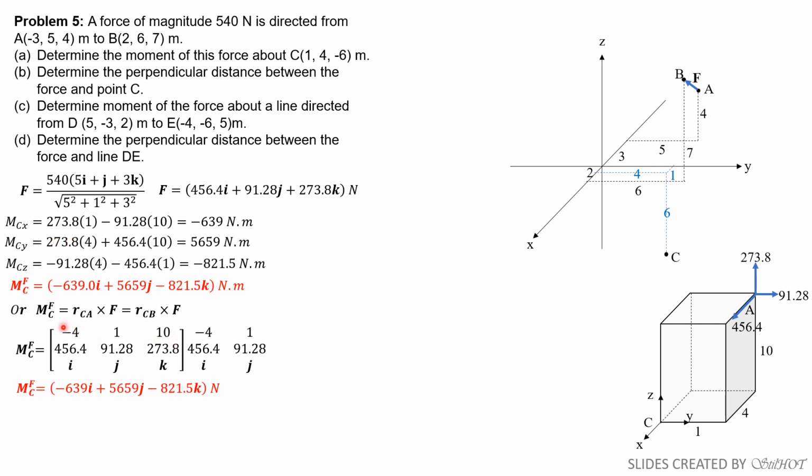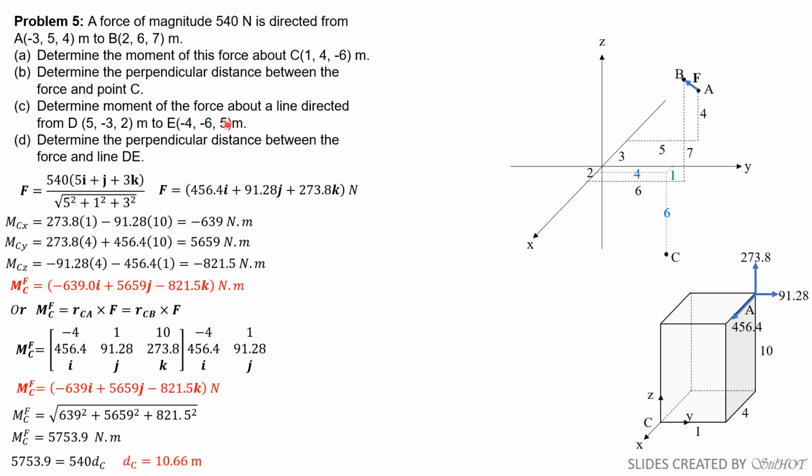Then for K, negative 4 times 91.28, minus 456.4 times 1, the same result. The magnitude of the moment of F about C is the square root of the sum of squares of its components, so M sub CF is 5753.9. Then equate this to the magnitude of force 540 times the perpendicular distance D sub C. So D sub C is 10.66 meters. So that's the perpendicular distance.